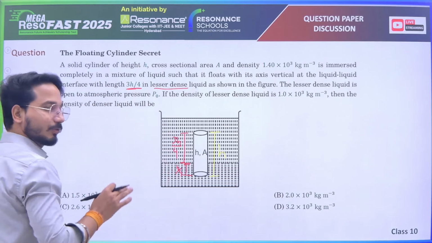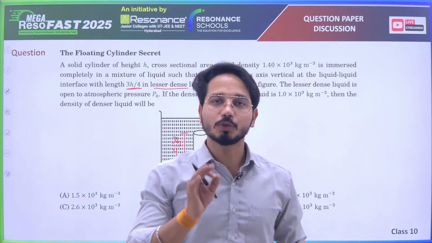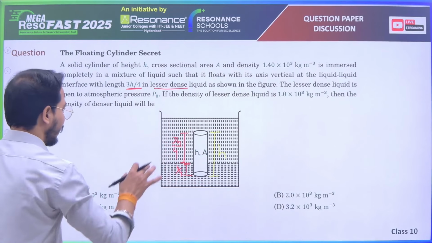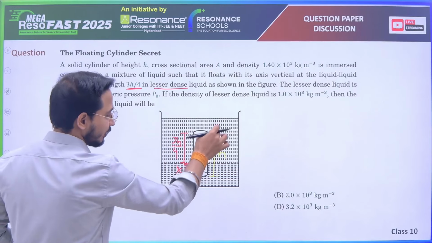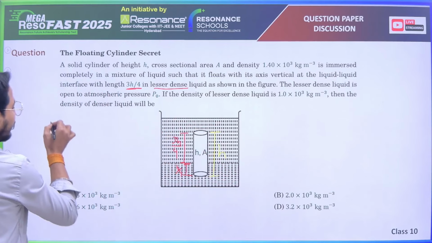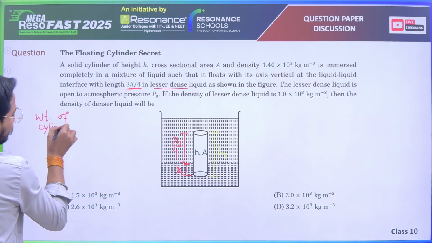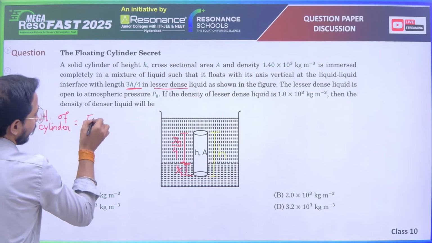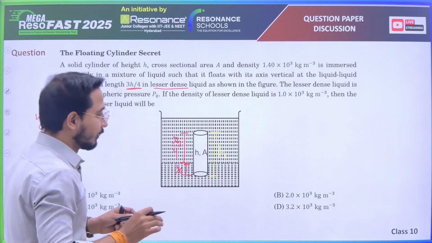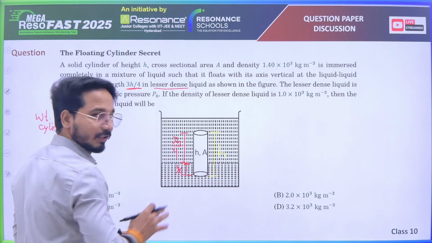So as per the law of flotation, the weight of the cylinder should be equal to the total buoyant force acting on the cylinder. Now, for the total buoyant force, we can observe that two liquids are there: one is less dense, another one is more dense.